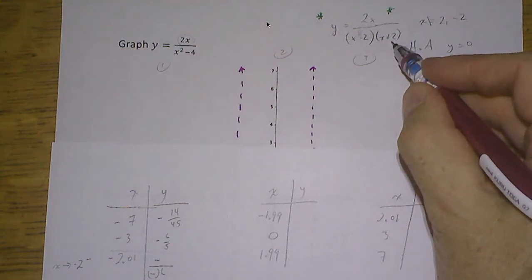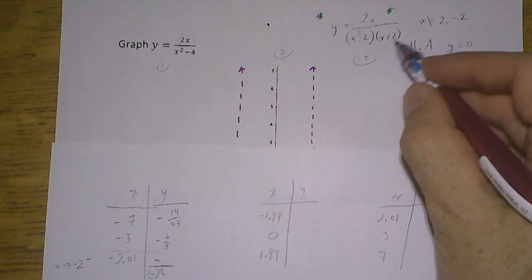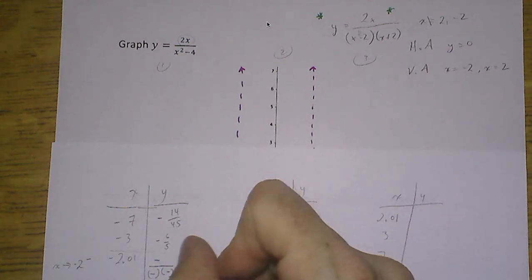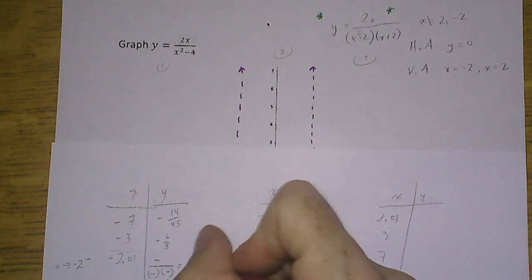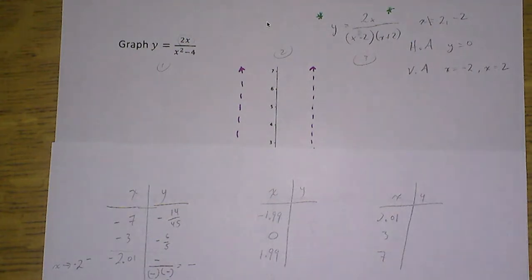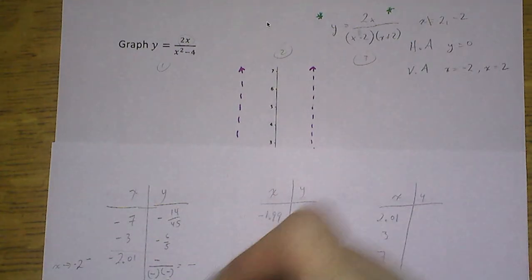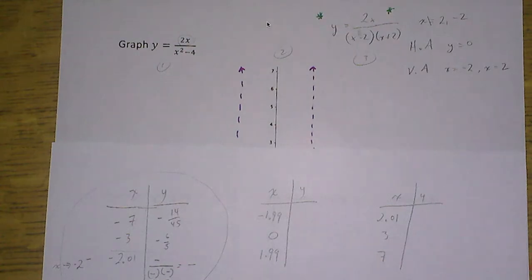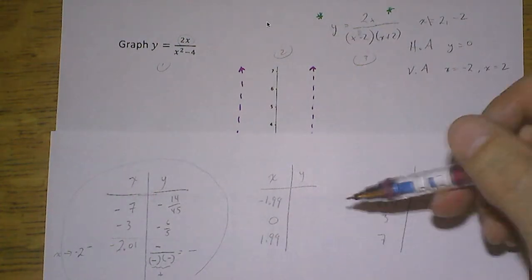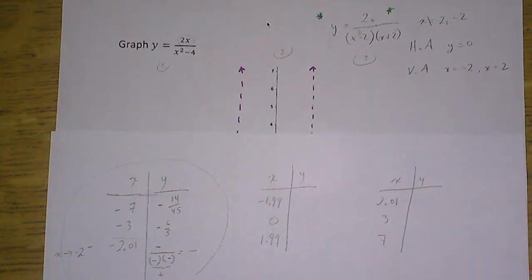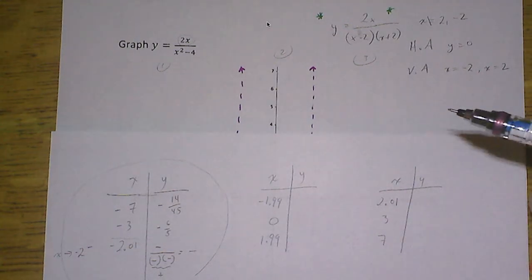This factor, negative 2.01, is larger than 2, so this factor is negative. Overall, we'd have a negative divided by a positive. Overall, this is going to be negative. So I have my x values for that first domain. Please take these down because I'm going to have to remove the paper when I start to graph it.